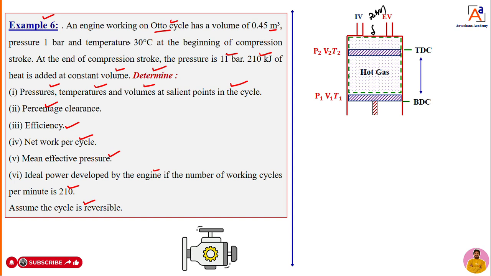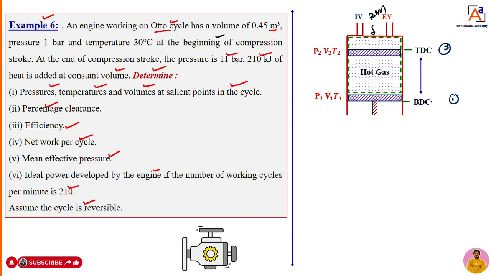Now he is telling that the Otto cycle has a volume of 0.45 meter cube, pressure 1 bar, and temperature 30 degrees Celsius at the beginning of compression. Beginning of compression, we can say this is point 1. This is point 2.